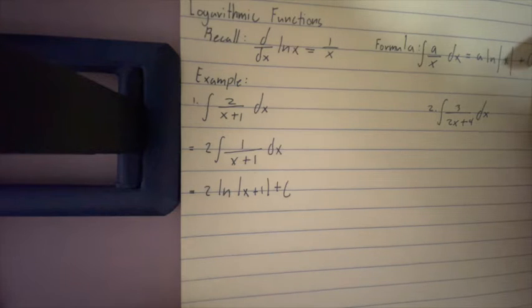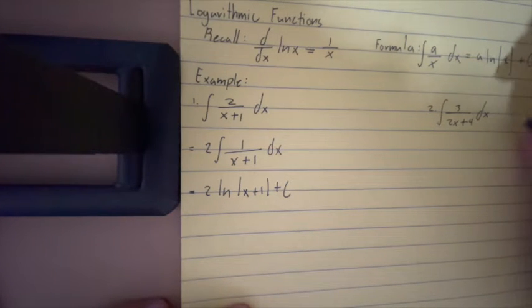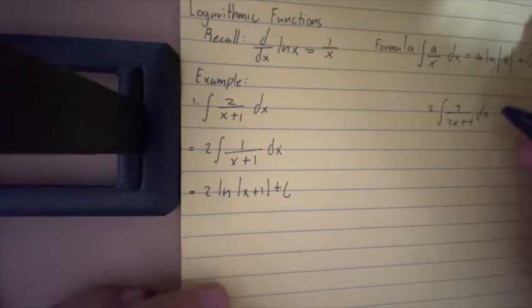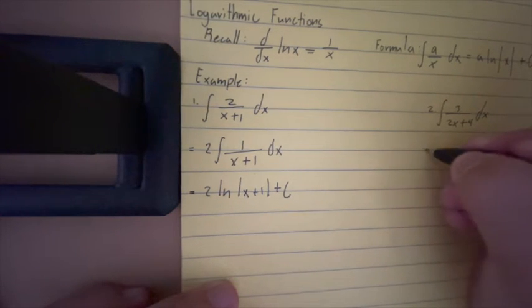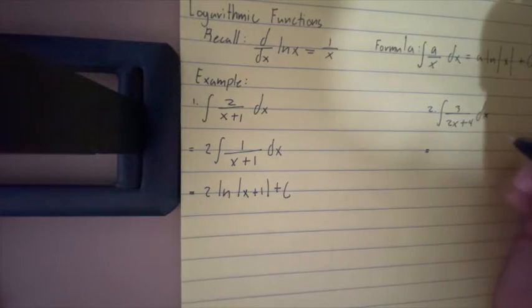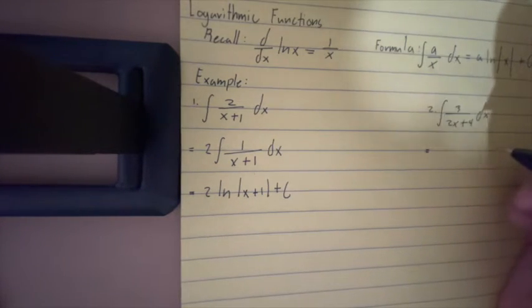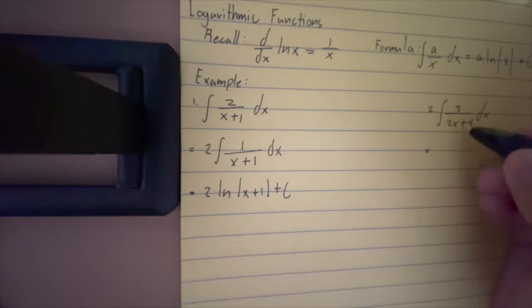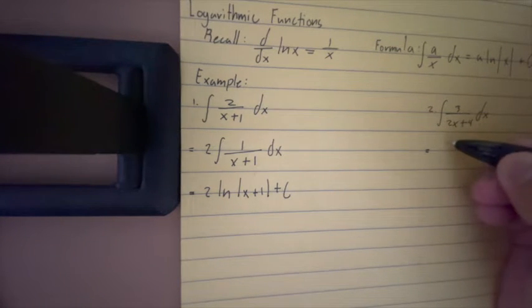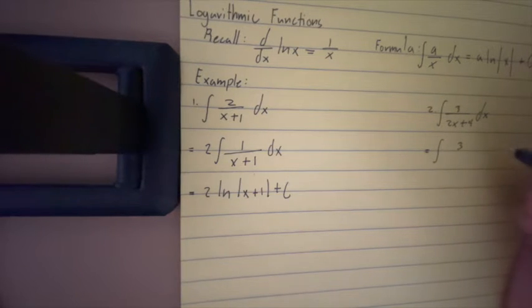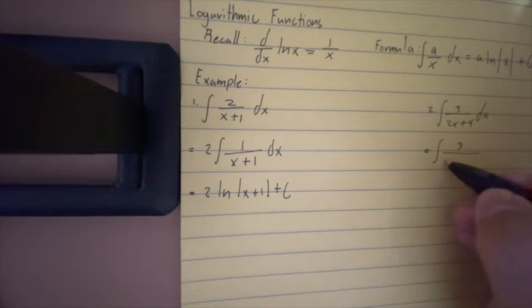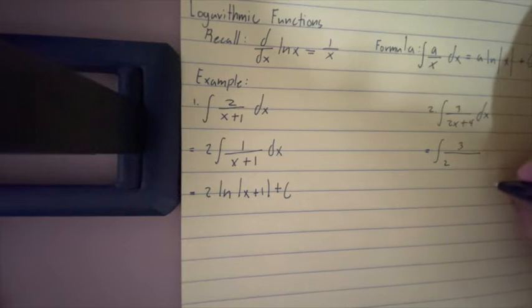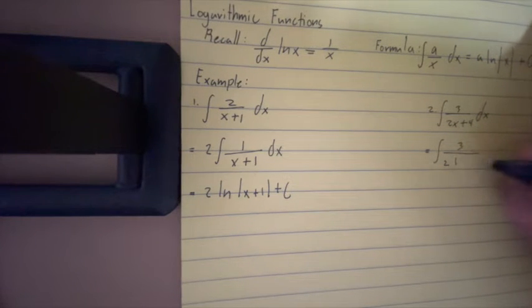For example number 2, we're going to solve the integral of 3 over 2x plus 4 dx. We're going to factor 2 out. So, the integral of 3 over 2 times x plus 2 dx.